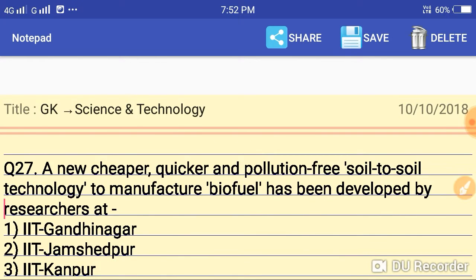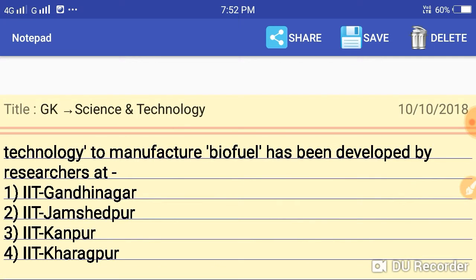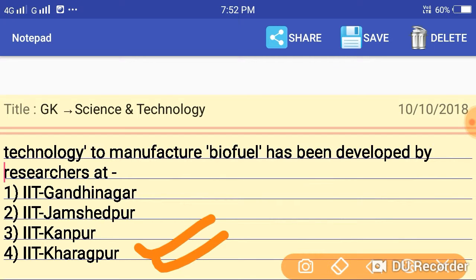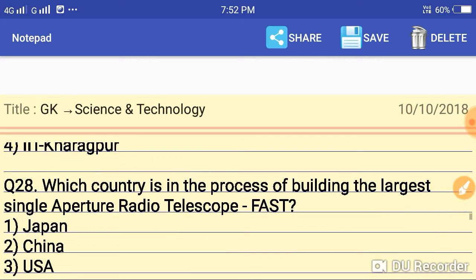A new, cheaper, quicker, pollution-free soil-to-soil technology to manufacture biofuel has been developed by researchers at option 4, right answer, IIT-Kharagpur. This is your right answer. So next question.